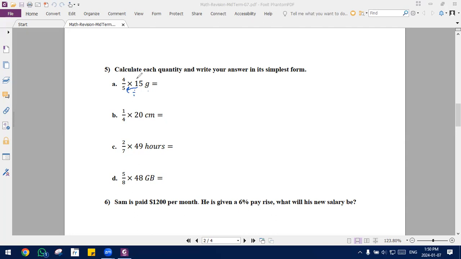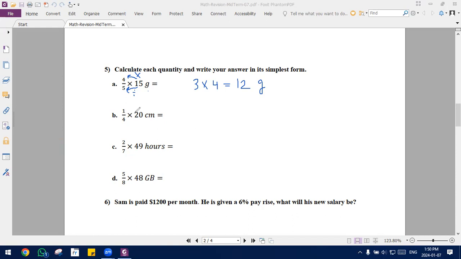So first we divide, and then we multiply. So 15 divided by 5 is 3. Now 3 times 4 is 12. So 4 over 5 of 15 is 12. Don't forget the unit, grams.